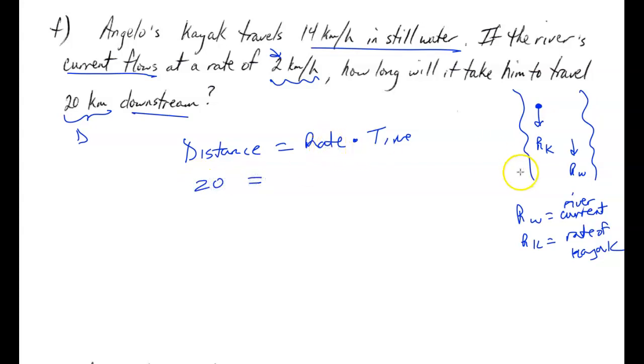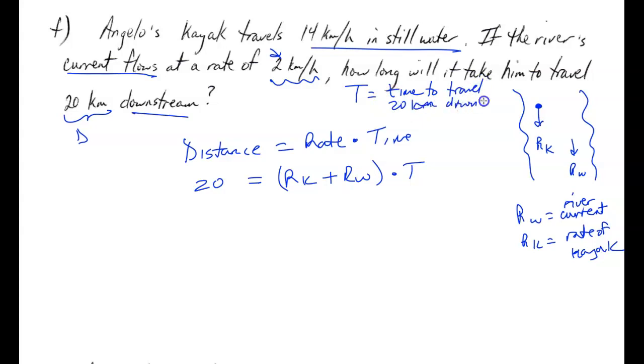Our rate is going to be a sum of the rate of the kayak plus the rate of the water. And then our time is the one thing that we need to find out. Okay, so time is going to be time to travel 20 kilometers downstream.